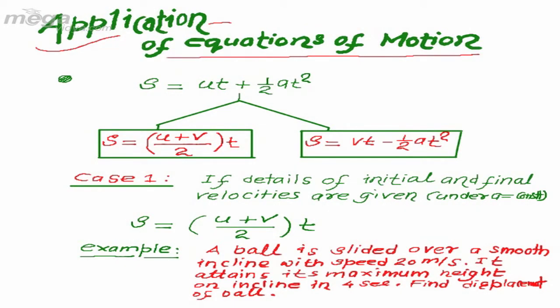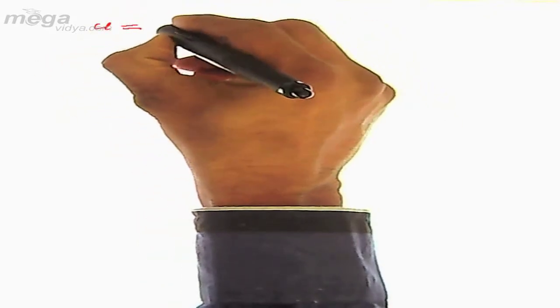Then find the displacement of the ball. What do we have to do here? Here we have been given the initial velocity u, which is 20 meters per second. Acceleration is not given, but in this question we can consider acceleration to be constant.